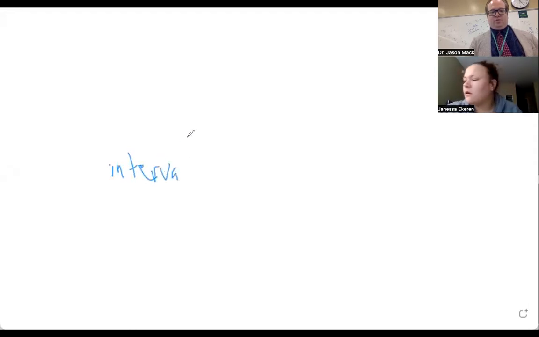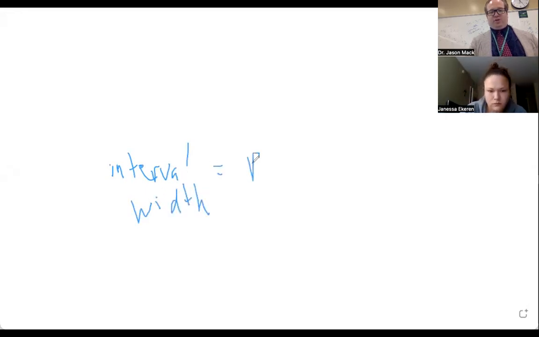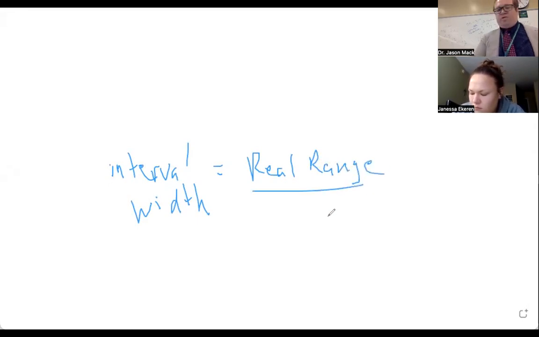Can you see that? Okay, so interval width is always equal to the real range over the number of intervals.